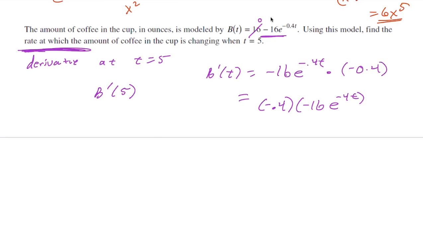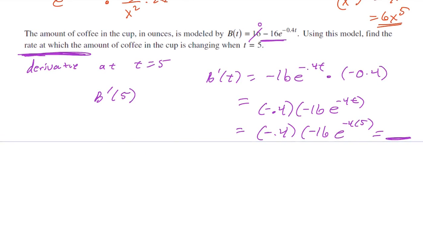Then we got to plug in 5. So a lot of this we plugged into our calculator, because I don't know what that is off the top of my head. You plug it into your calculator, and then you get an answer. And if you do this correctly, you get 0.8661. And that's your answer.